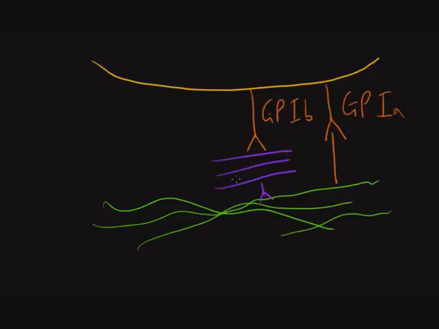This protein is an important part of adhesion, and there is indeed a condition where von Willebrand factor is not present, and it affects platelets' ability to adhere to the collagen fibres.